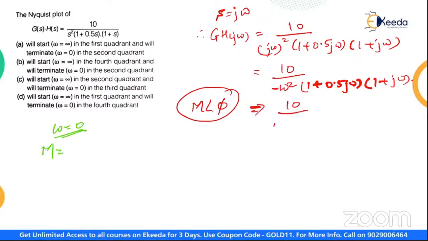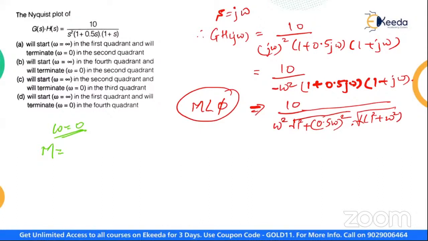M in this is 10 upon omega squared into under root of 1 squared plus 0.5 omega the whole squared, multiplied by under root of 1 squared plus omega squared, correct? Yes or no? Because x plus iy magnitude is given by under root of x squared plus y squared.